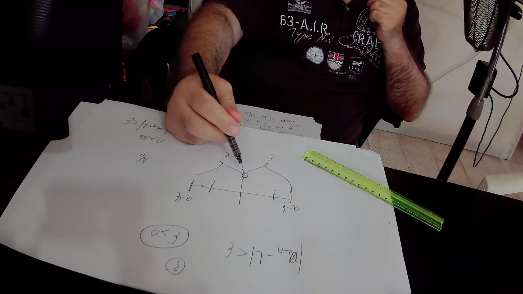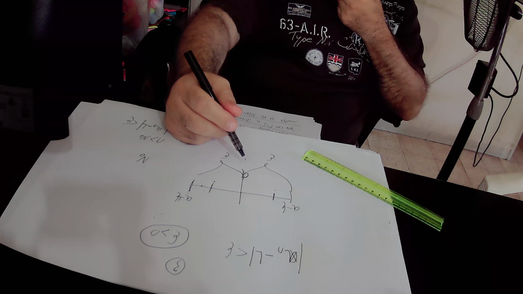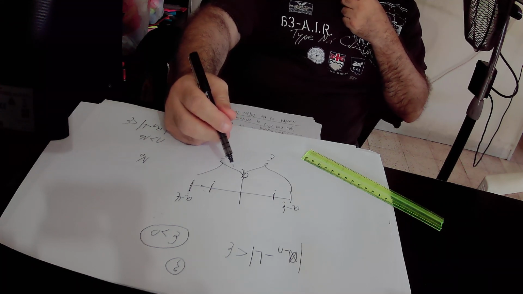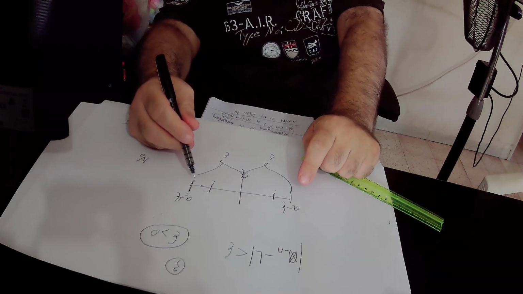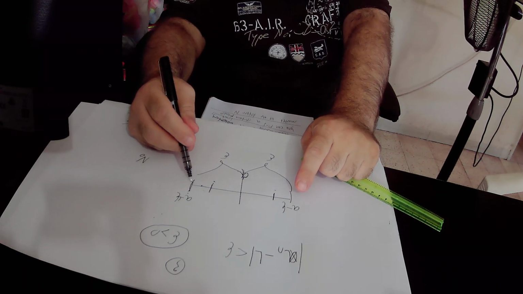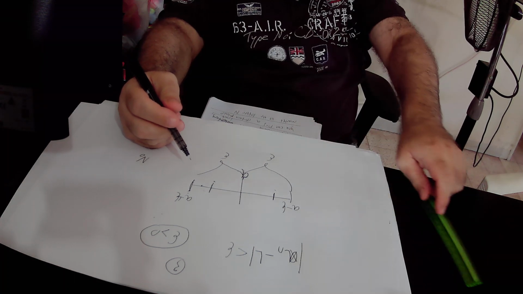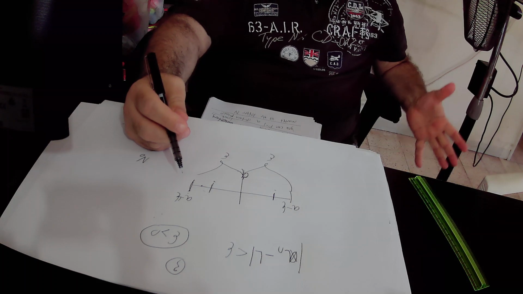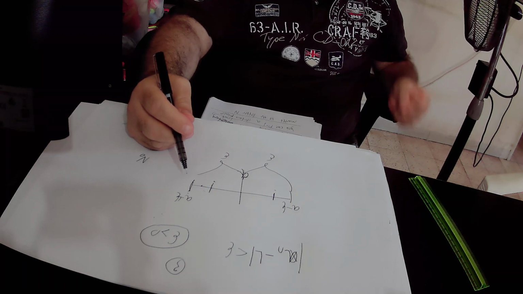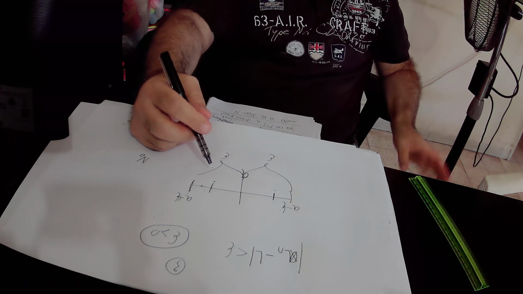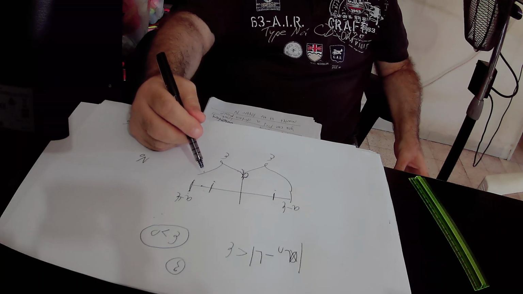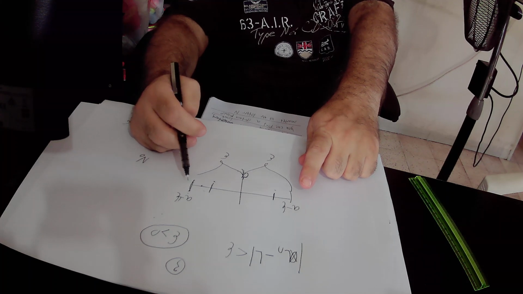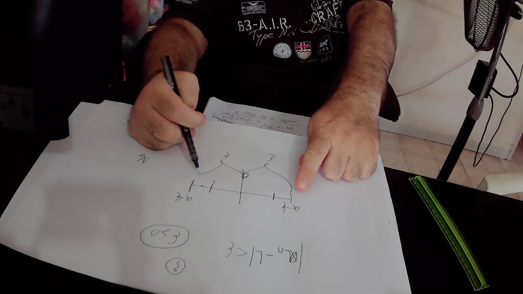Again, the environment of A is all the numbers that are located inside the brackets. Okay? So if a sequence has a limit, then most of the members of the sequence must be located inside the environment, that is to say, inside the brackets. Okay?